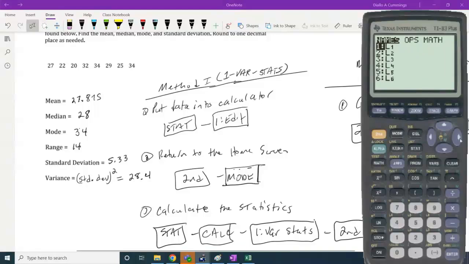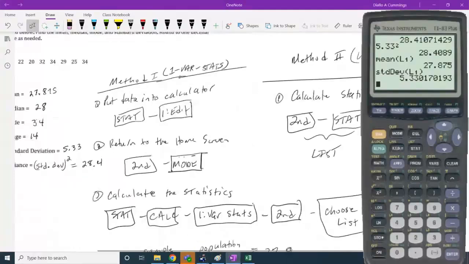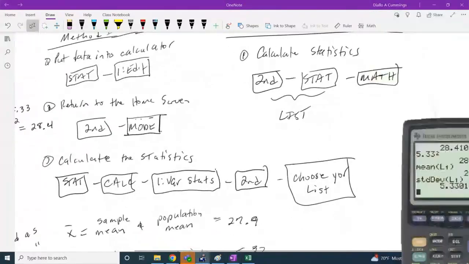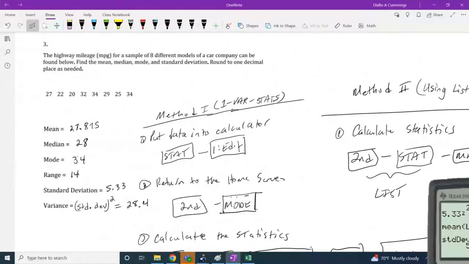I could find the standard deviation, and it should give me that same 5.33. Okay, any questions on how to calculate the mean, median, mode, standard deviation, and variance using the calculator?